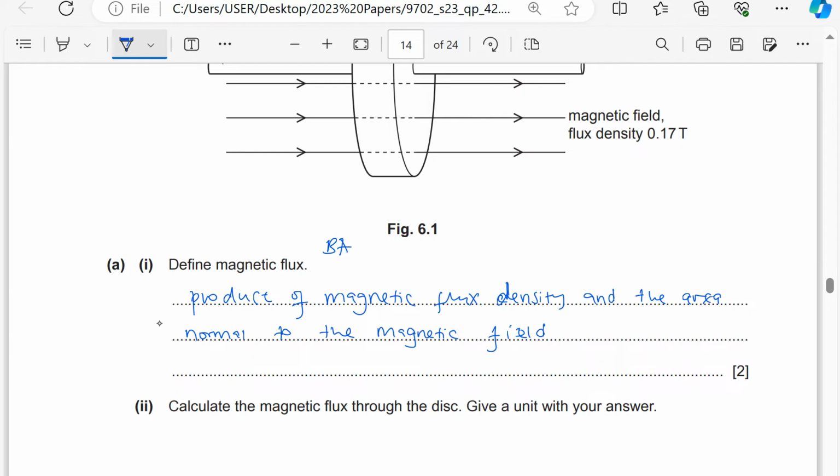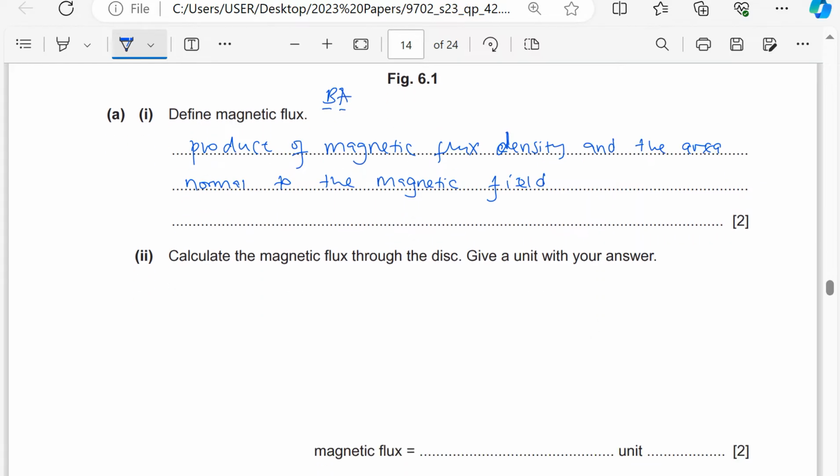That is magnetic flux, BA, but remember B and A should be at right angles. Then calculate the magnetic flux through the disk. Give a unit. Of course, it is measured in Webers.